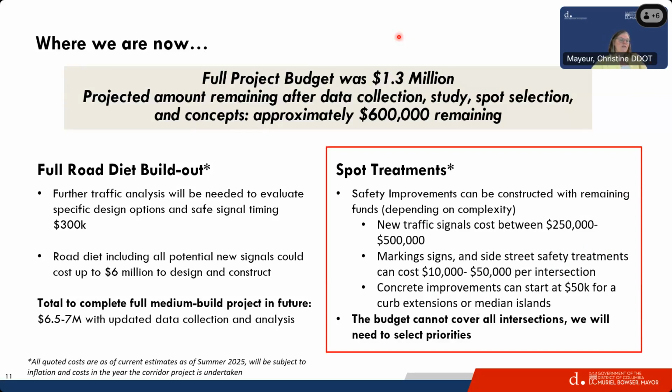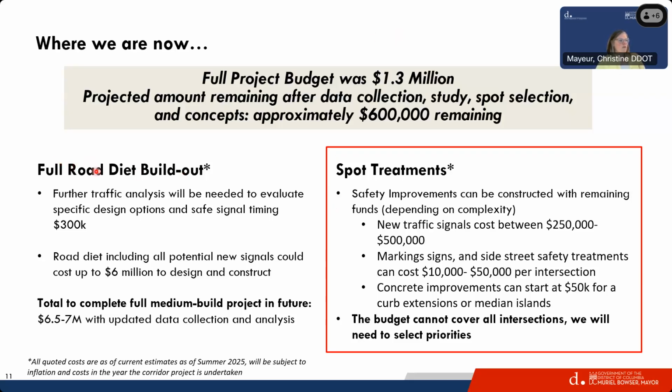Typically, a study of this magnitude would be about that much just for the study alone. The projected amount that we have after the data collection, spot selection, and concepts that will result at the end of this project is about $600,000 that we're projecting to be able to build some of these spot safety improvements.